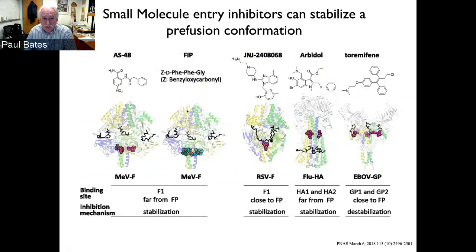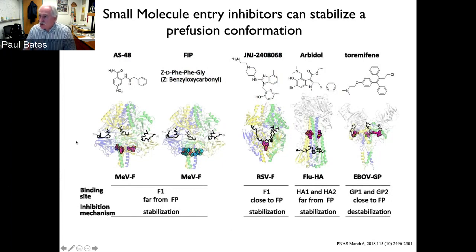So small molecule entry inhibitors. A number of labs over the last several years, and this is a paper from PNAS just in March 2018, are starting to develop small molecules that actually fit into the structures and stabilize the viral glycoprotein in its prefusogenic structure.